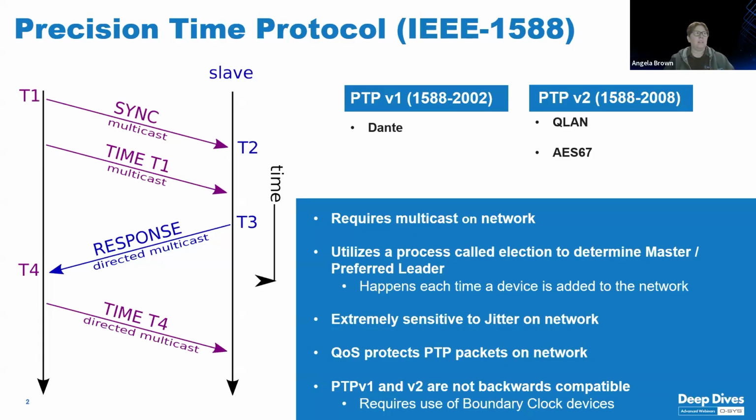The PTP data is extremely sensitive to jitter on your network. Why? Because it's really small packets, but a lot of them. Think about 100 bytes a packet, but about 100 packets a second, sometimes more than that.